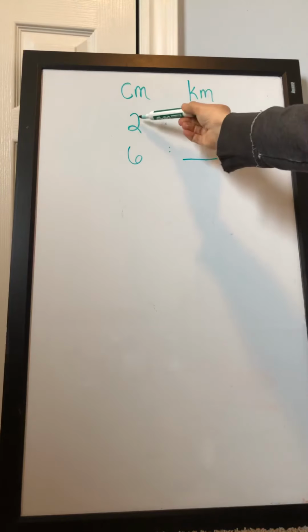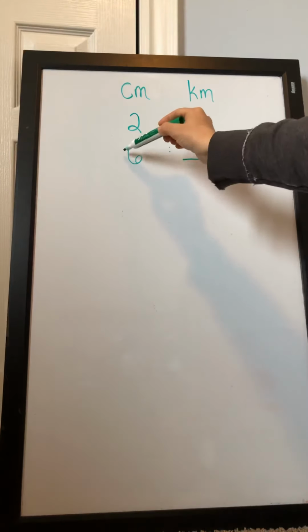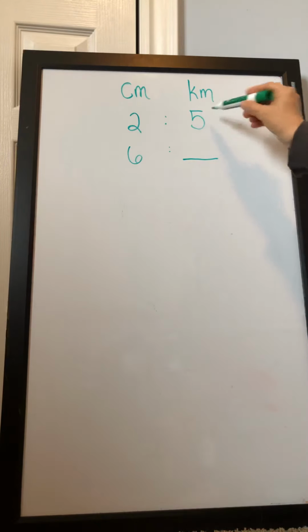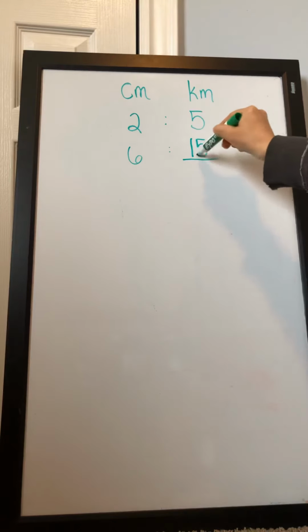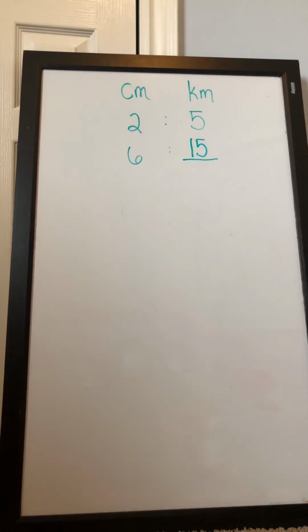If a lake is 6 centimeters long on the map, how big is it in real life? How many kilometers is it? So 2 times 3 gives me 6. So 5 times 3 gives me 15. So the real length of the lake is 15 kilometers.